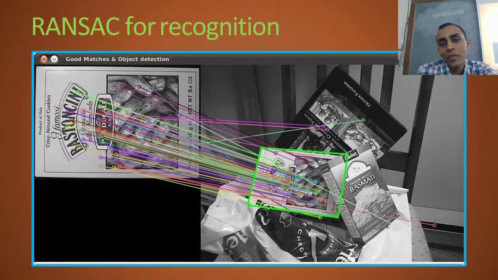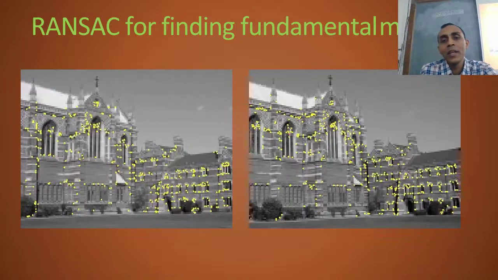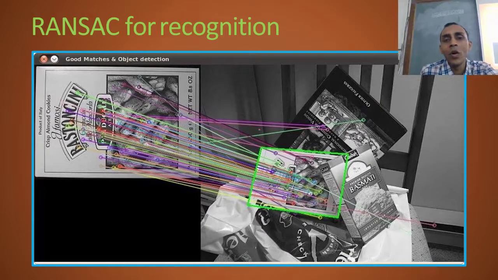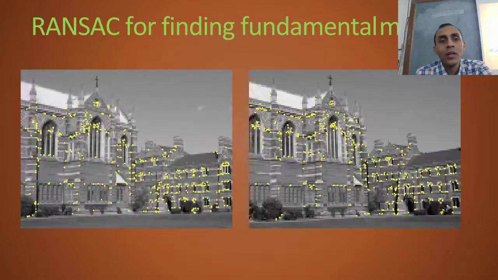So they are trying to find this in this image. Basically they did feature detection and feature matching. Some of the matches you can see are inliers, but some are outliers. With RANSAC they ended up tolerating those outliers and getting the right object.